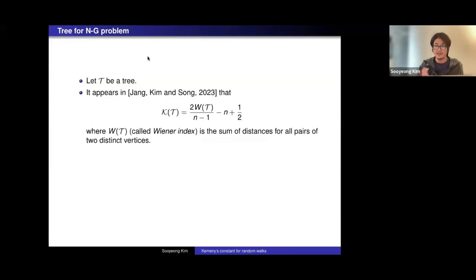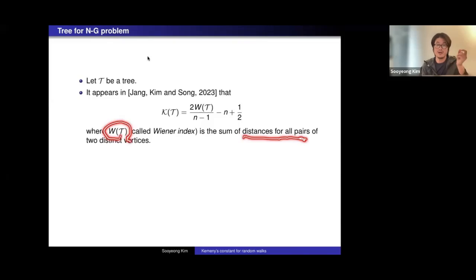As you see here, to make the sum of distances larger, you might have to increase the diameter of the tree, right? When your tree has larger diameter, distances for some pairs are going to increase, and that results in a larger Wiener index.